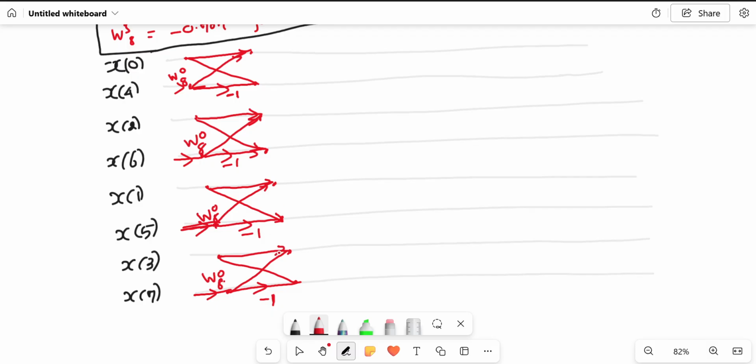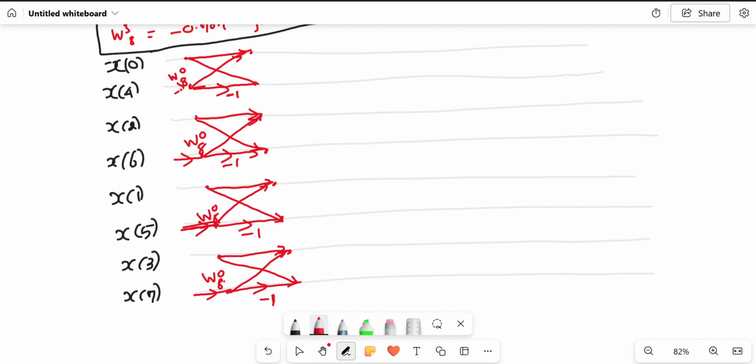This is the basic 2-point computation for two complex numbers x of 0 and x of 4. It produces two complex numbers a and b. The output will be x of 0 plus x of 4 into W0 of 8. We already discussed the 2-point computation; it is the same in each stage.